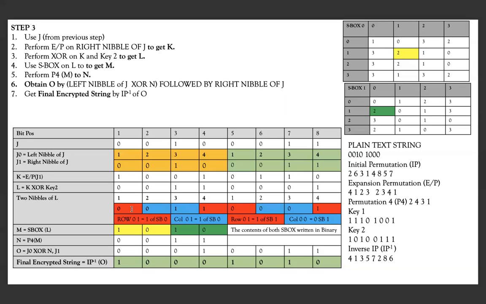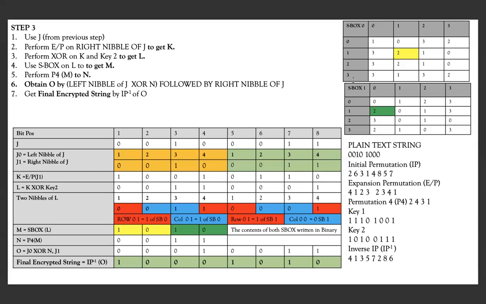So as you can see here, for the first nibble, I got row number 0 and 1, so that means row number 1. And column number, I've got 0 and 1, so that's also 1. So in that case, SB0, row 1, column 1 means 2. So that's 2 written here in binary. Now moving on to the right nibble, we'll be using SB1. We're looking at row number 01, which is row number 1, and column number 00, which is column number 0.